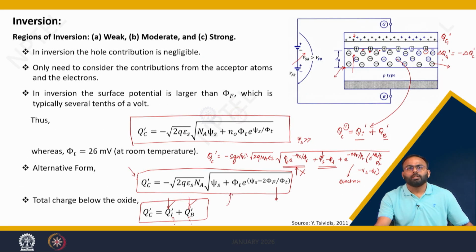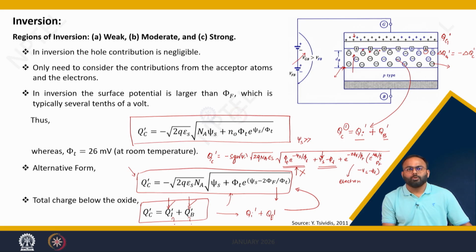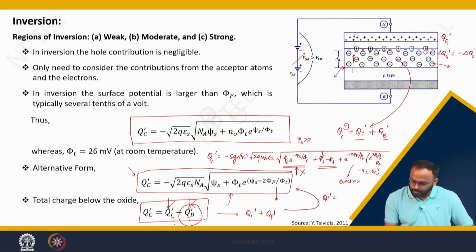If you see, the total charge is given by inversion charge plus the bulk charge. By using approximation, I have the closed form equation for the total charge. If by some means I calculate the bulk charge, then from here I can calculate the inversion charge, which is nothing but the total charge minus the bulk charge.